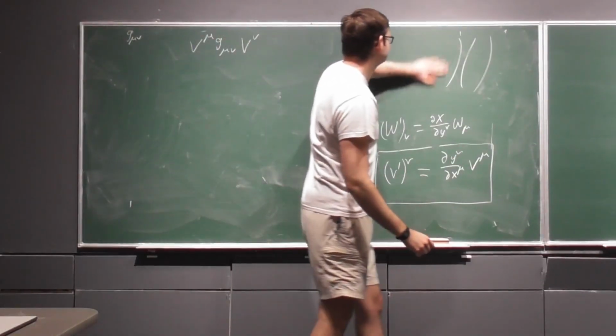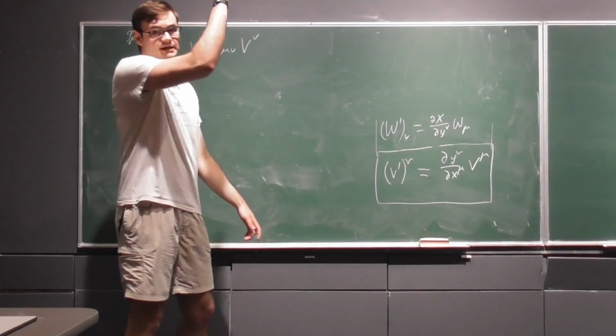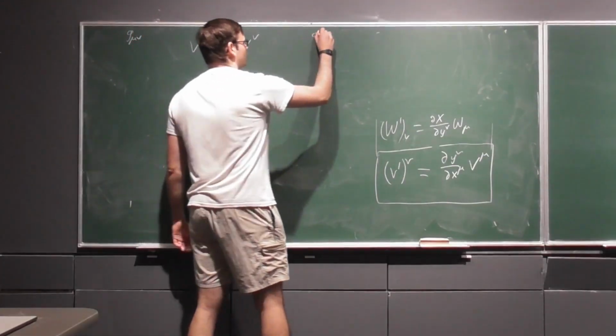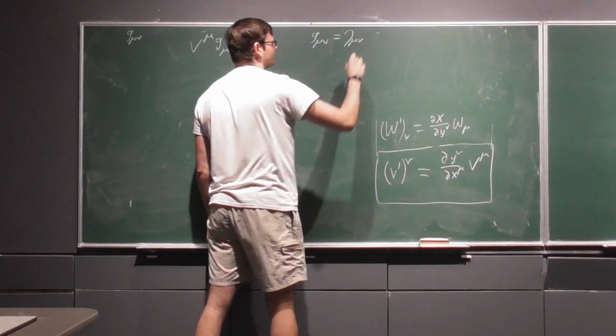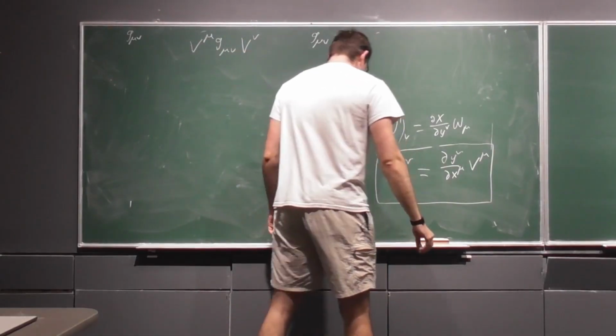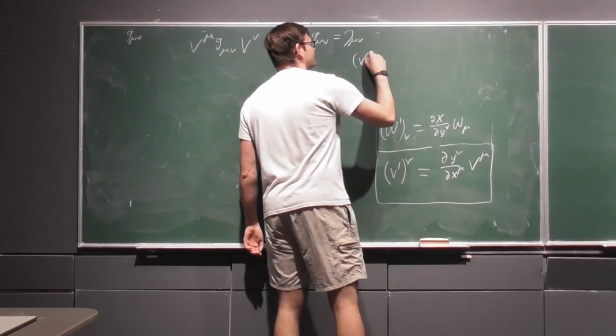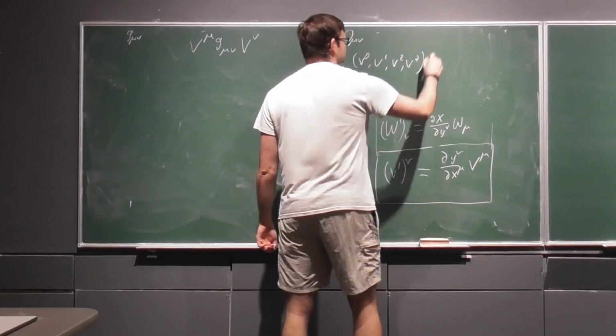Let's do an example. So let's say we're in flat space. Remember our metric was -1, 1, 1, 1. Well then, I'm going to call that metric the Minkowski metric, and I'm going to denote it with an eta. So in that case, we had V0, V1, V2, V3. Our matrix will look like this.